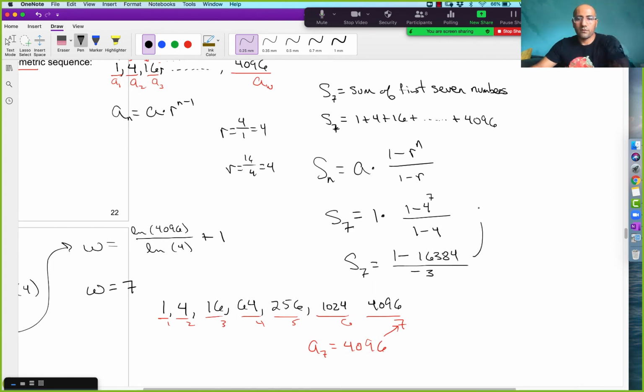Good. So S of 7 is equal to 1 minus that answer, which gets you to negative 16,383 divided by negative 3.